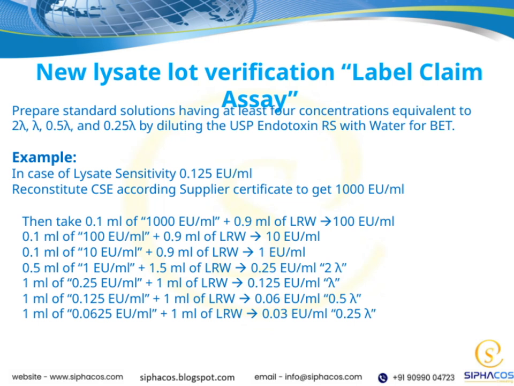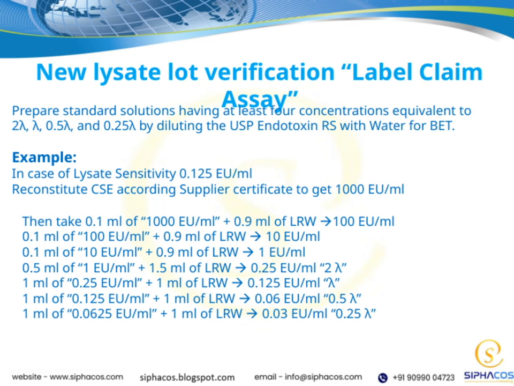Continuing, 1 milliliter of the 0.125 EU per milliliter solution combined with 1 milliliter of LRW yields 0.06 EU per milliliter, the 0.5 lambda. And finally, 1 milliliter of the 0.0625 EU per milliliter solution with 1 milliliter of LRW results in 0.03 EU per milliliter, the 0.25 lambda.